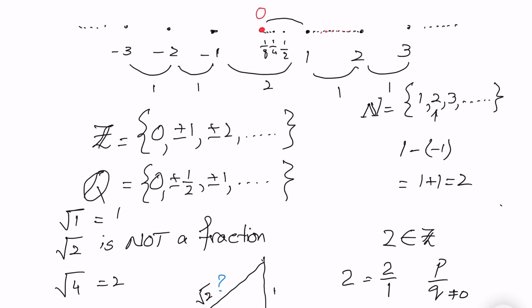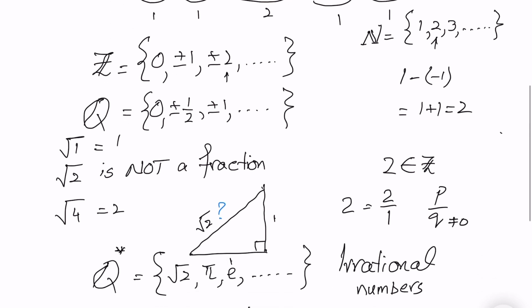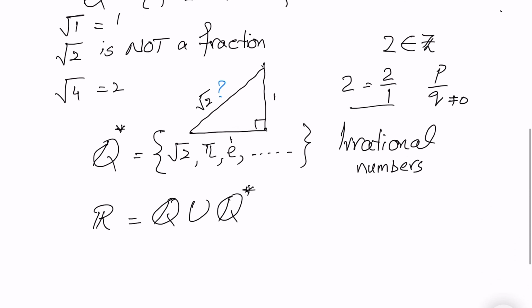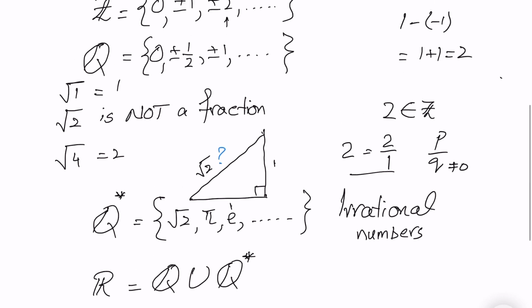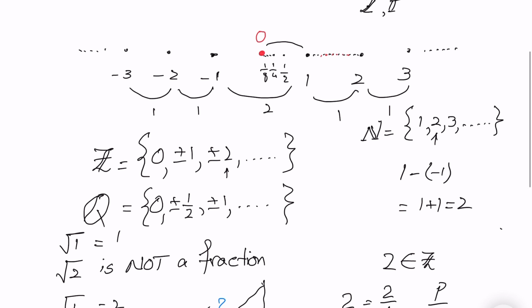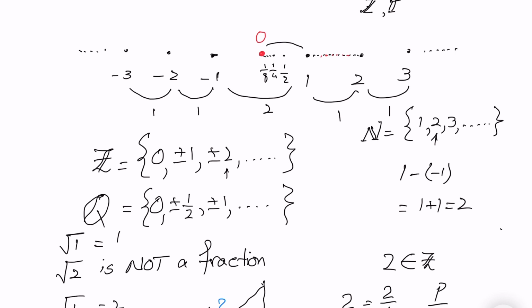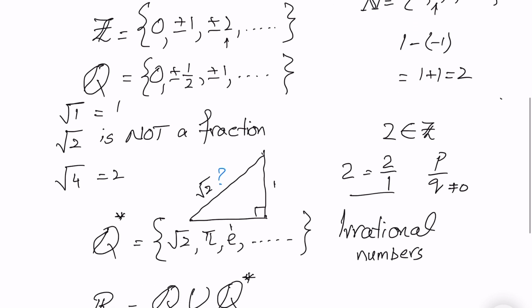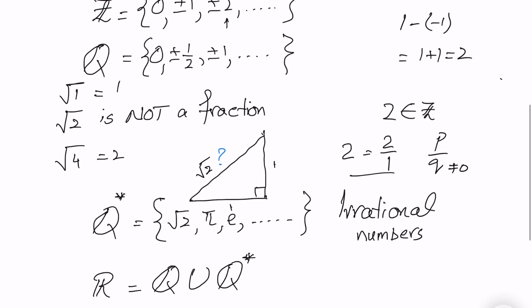We see that 2 is an integer as well. And we learned that 2 is a fraction as well. And 2 is part of the real numbers as well. So it means that all the natural numbers are real, all the integers are real, all the fractions are real, and all the non-fractions are real.